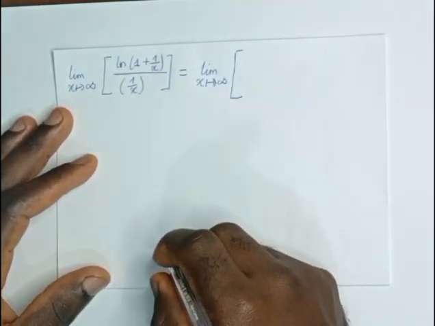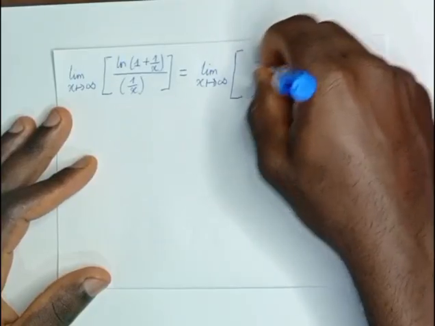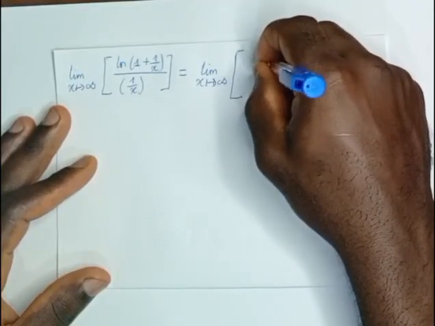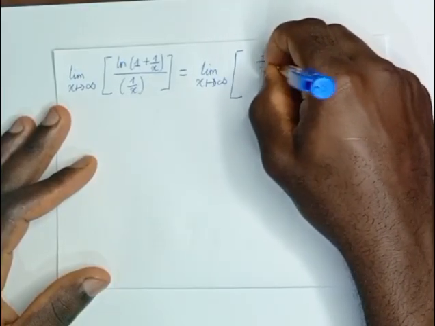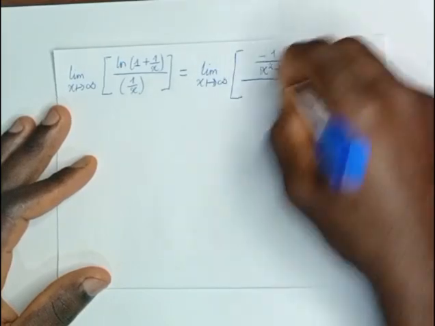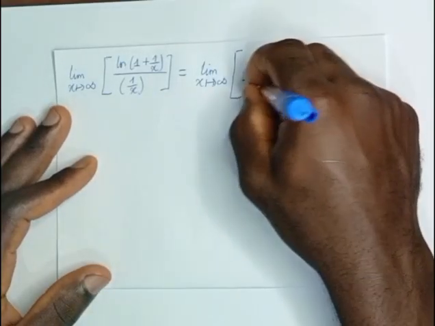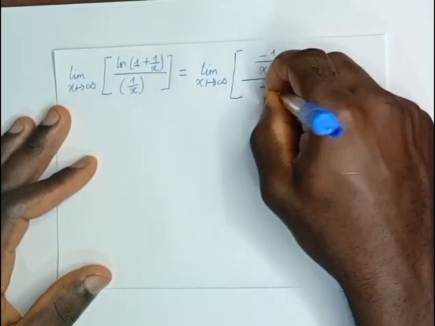The derivative of the numerator gives us negative 1 all over x squared plus x. We divide this by the derivative of the denominator, which is negative 1 on x squared.